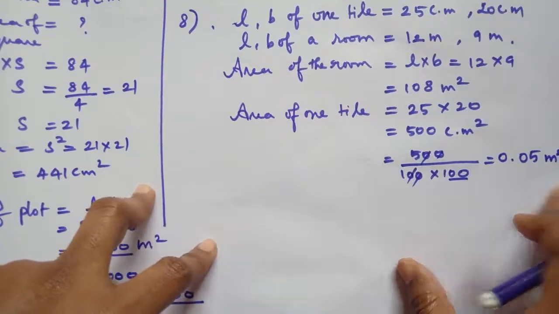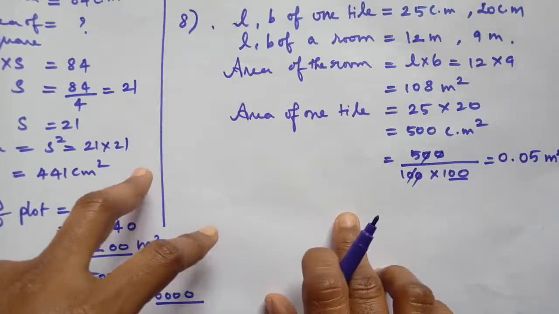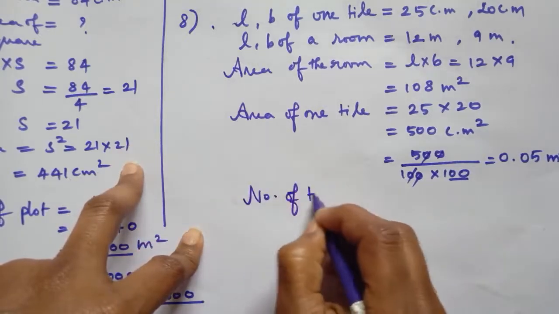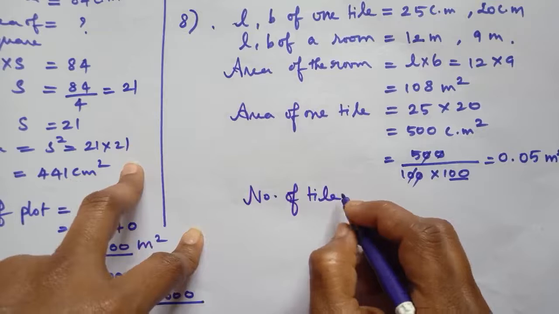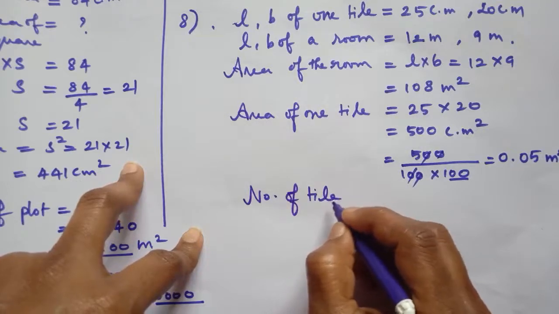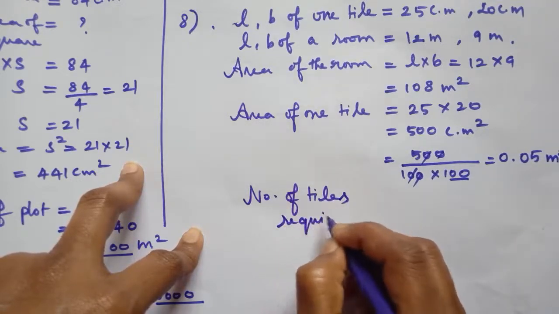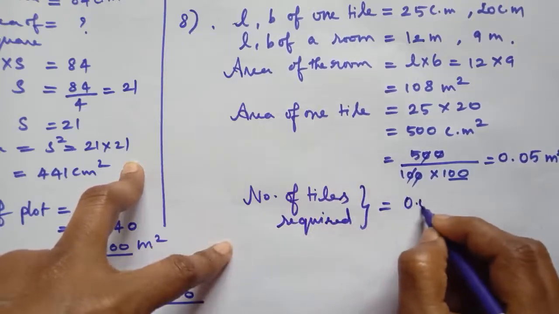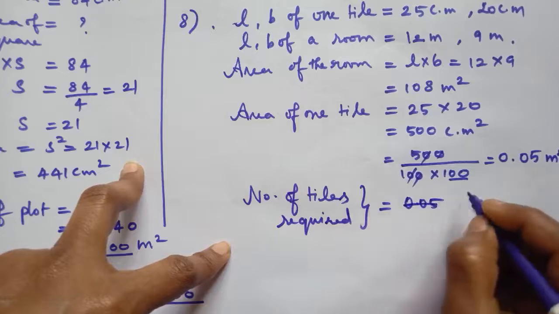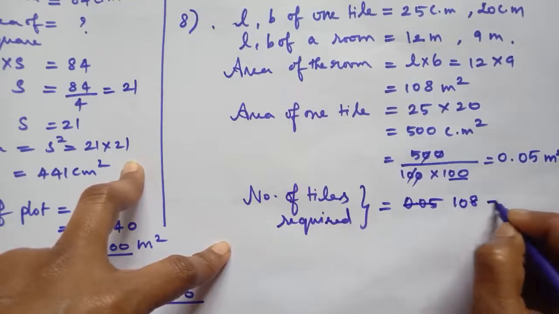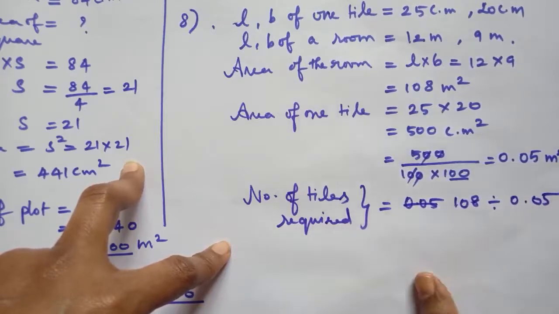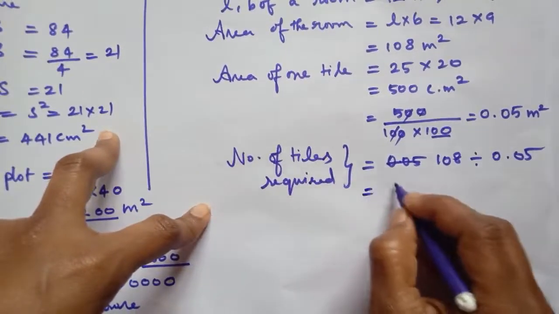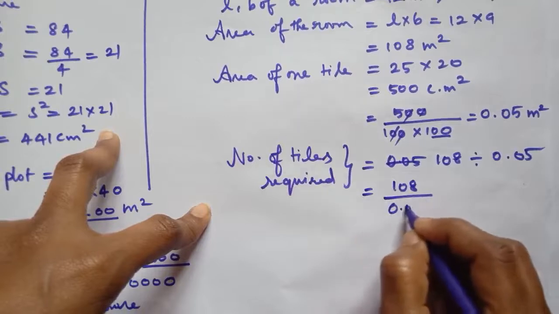Students listen, question: how many tiles are required for the floor of a room? So number of tiles required is equal to 108 divided by 0.05, because area of the room is 108.